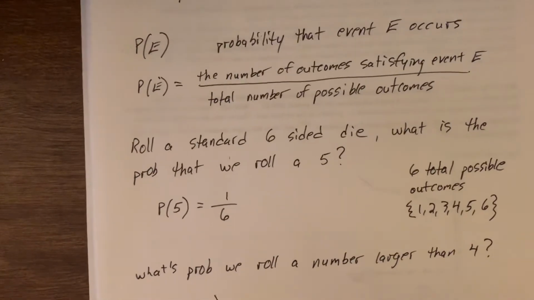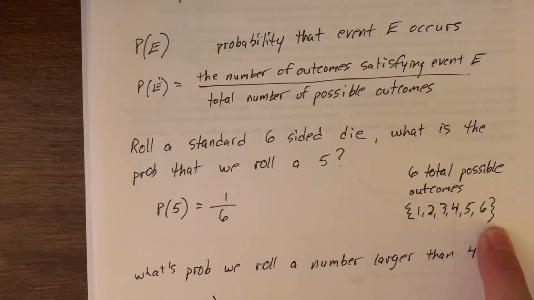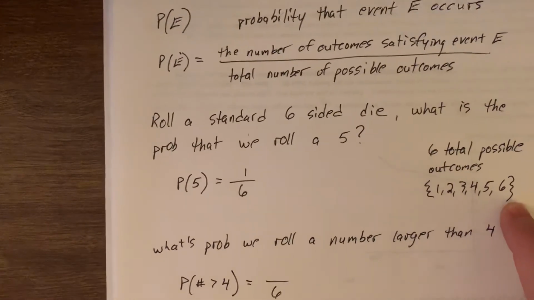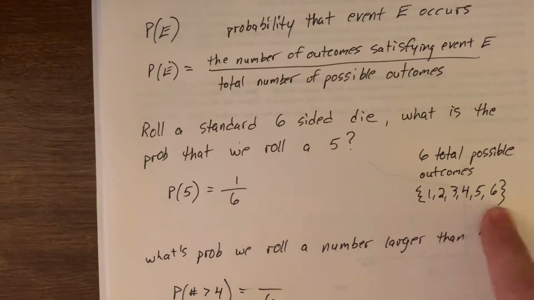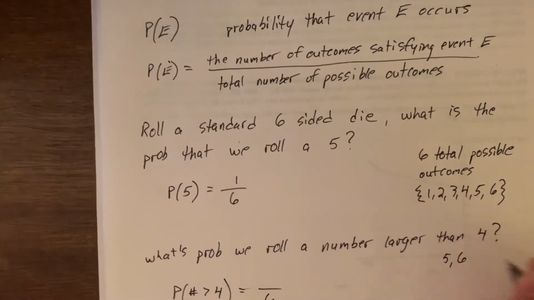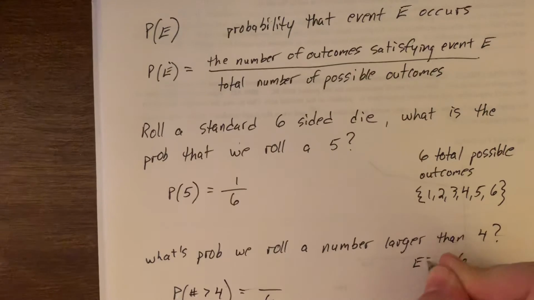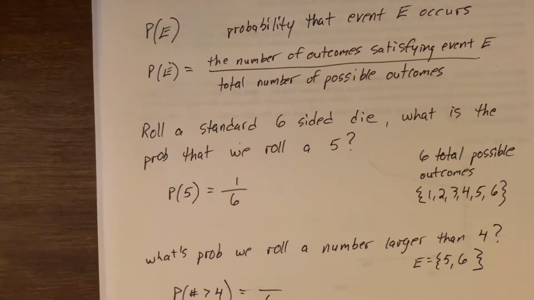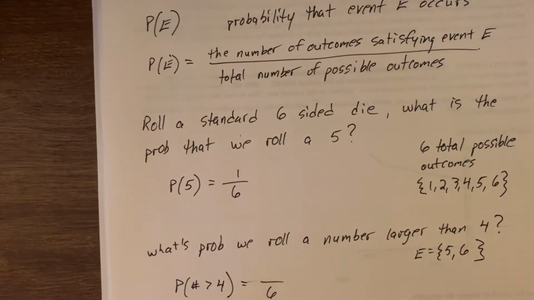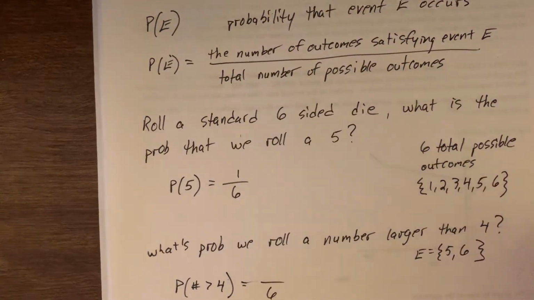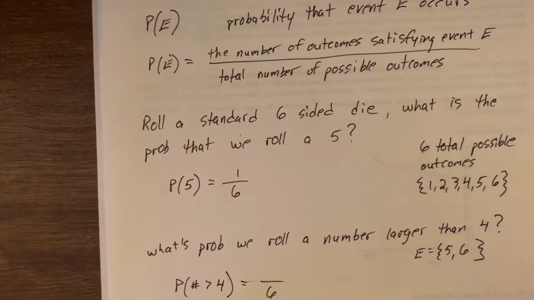We're still thinking about that same 1 through 6 as the possible numbers that come from rolling the die. But now we want to roll a number larger than 4. While looking at our possible numbers, the numbers 5 and 6 would satisfy event E. The biggest thing that people start getting confused with here, and this is why I chose this as a first example, there's a lot of numbers floating around here, but we have to keep separating the number of outcomes that satisfy from the number of possible outcomes.